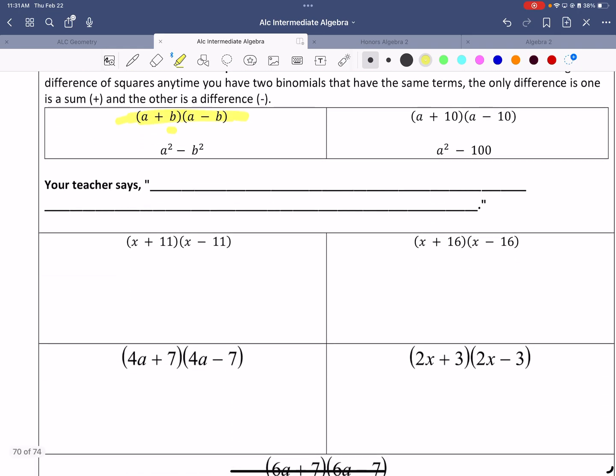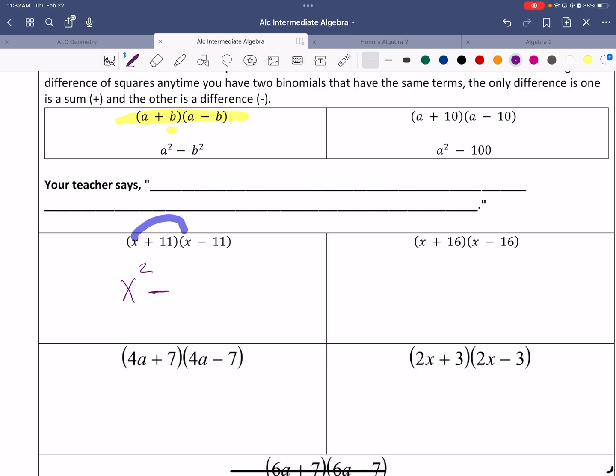So if we look at this first one, for example, x plus 11 and x minus 11. My terms are the same, x and 11, x and 11. One's a plus, one's a minus. So all we have to do is take the first times the first: x times x is x squared.